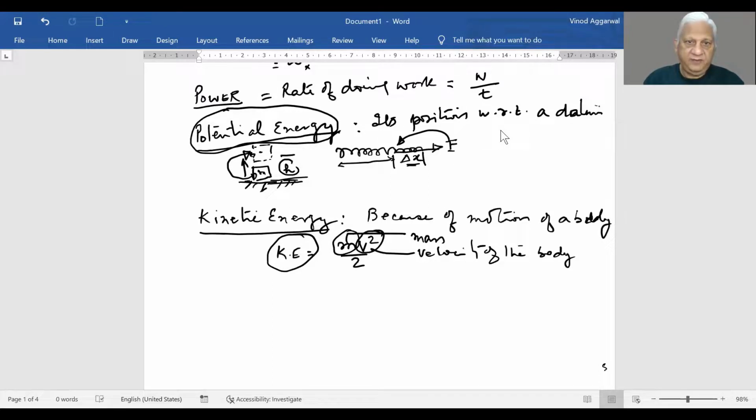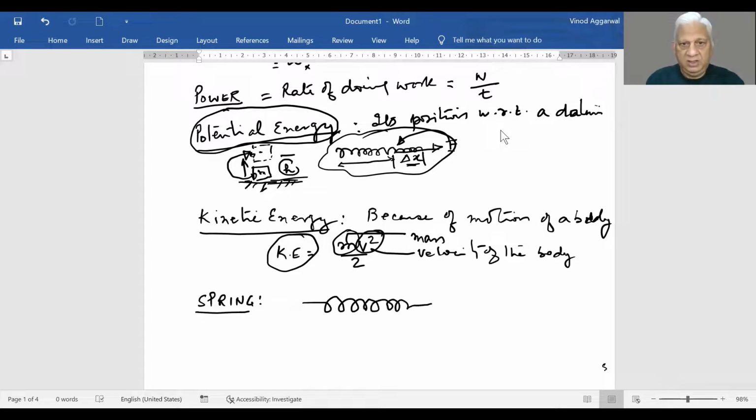As we have briefly explained earlier the concept of a spring, let us see some more properties of a spring. A spring is a metallic wire coiled together, and it is so elastic that if you pull it, it will extend, and if you push it, it gets compressed as well.